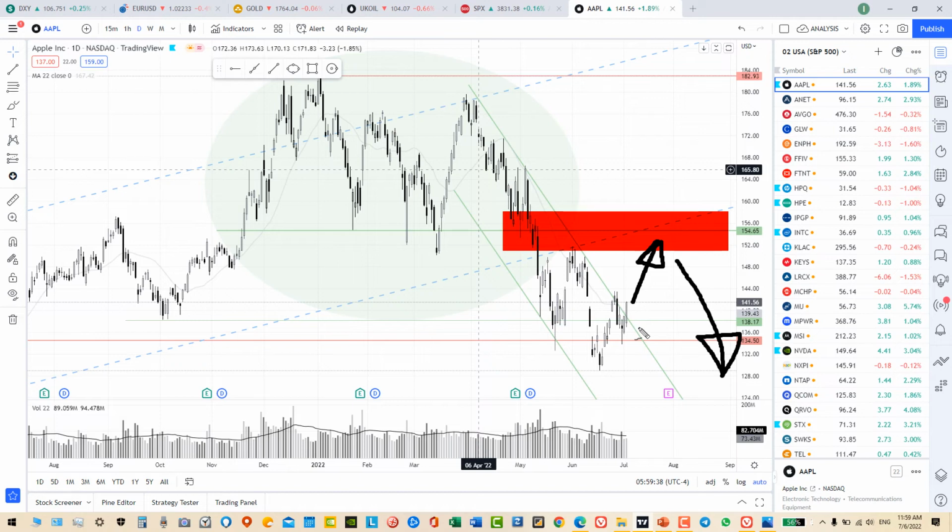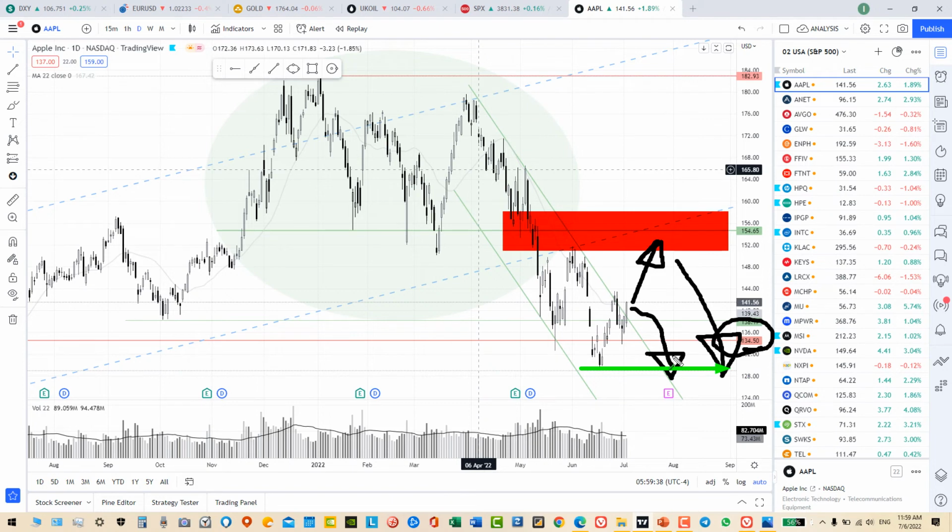Now a good question pops up. What if the stock did not correct to the upside? What if the correction did not happen? Then we will keep an eye on a direct break below the 134 level, and especially if it managed to break this small short-term support around 129.50.